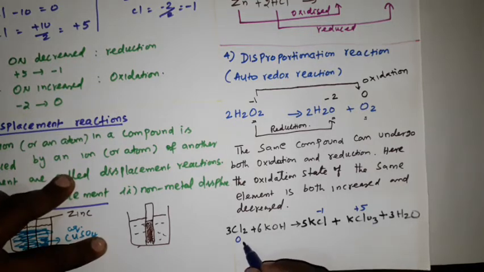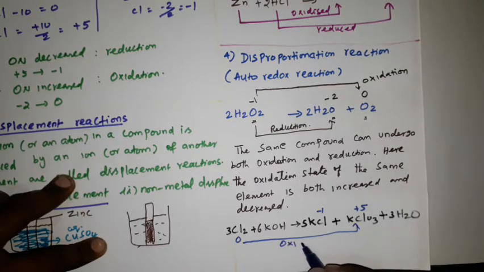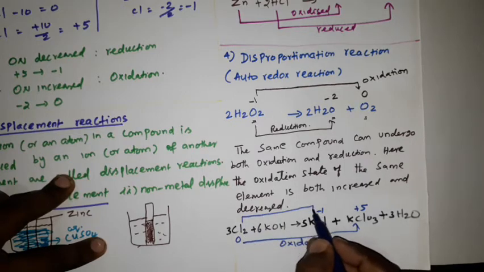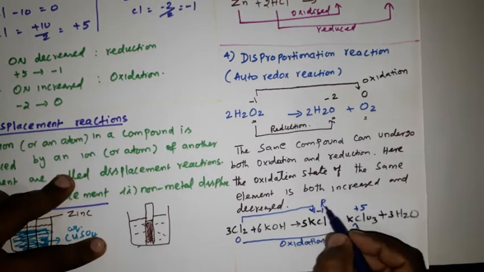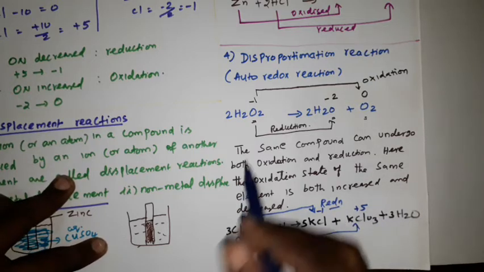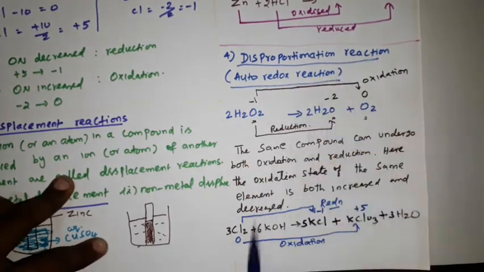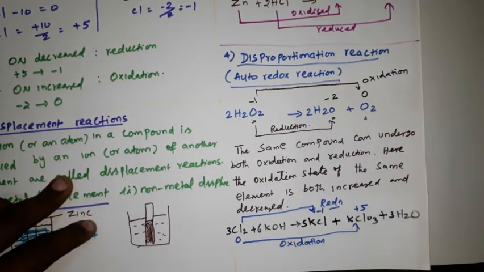Which is oxidation? 0 to +5, this is oxidation. Then here the oxidation number decreased, so it is reduction. Okay. So this is called disproportionation reaction or auto redox reaction. So now the fourth type is completed. We will see one more type, that is competitive electron transfer reaction.